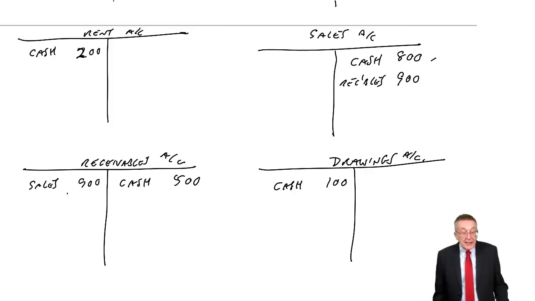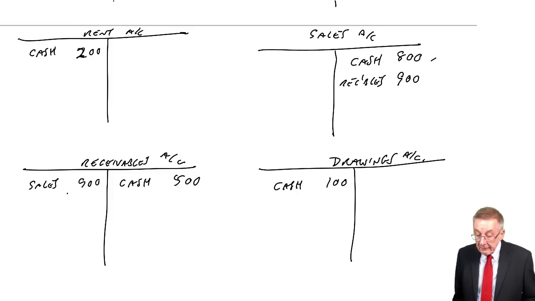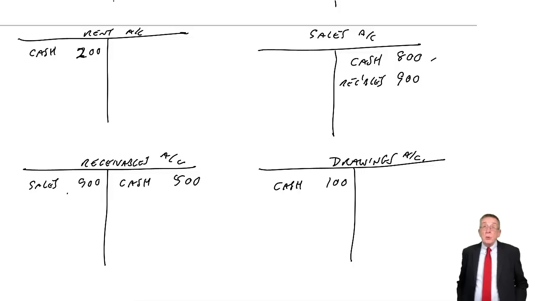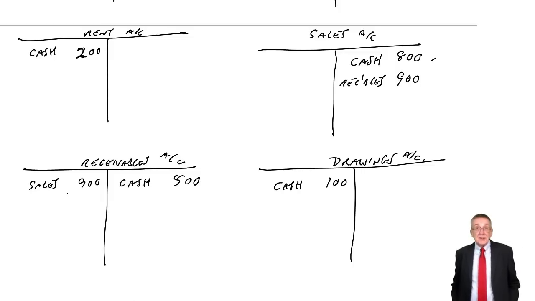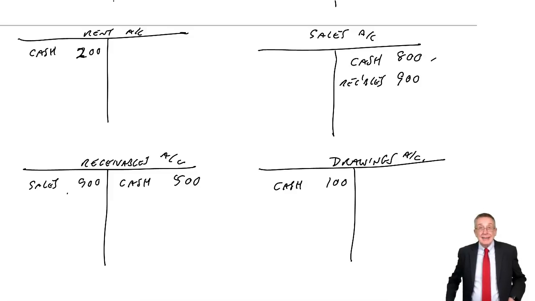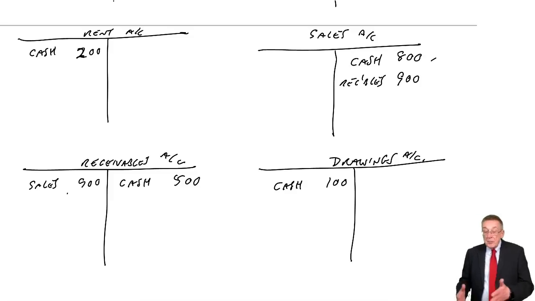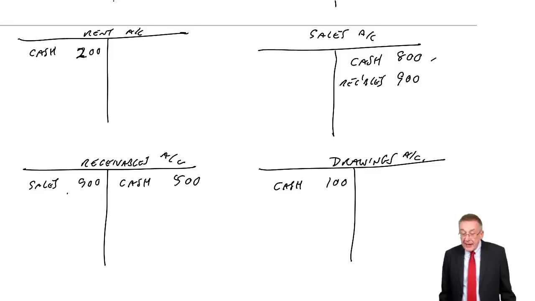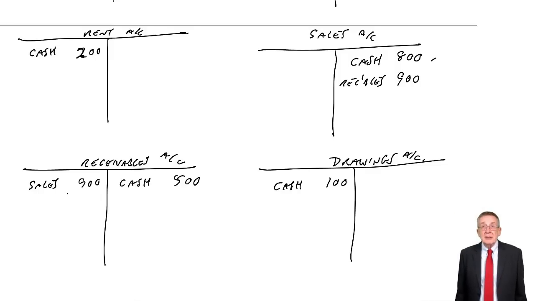So again, it is practice, obviously. In the exam, you won't be writing up T accounts, except maybe bits of them for your own workings. Otherwise, they won't be asking you to do a whole thing like this. But it's vital you understand the double entry rules.